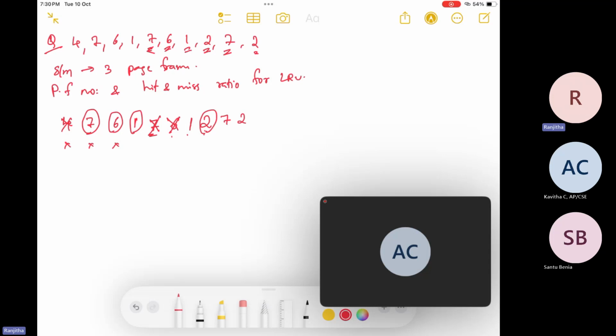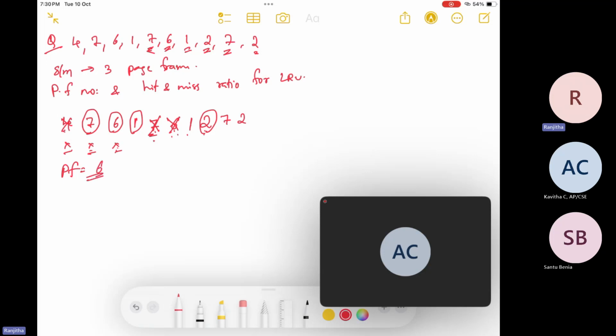So the number of page faults is marked by these crosses. Initial 3 plus 1, 2, and 3. These circles are just rearrangements for understanding which one is the most recent. So the number of page faults is these crosses: 1, 2, 3, 4, 5, and 6.